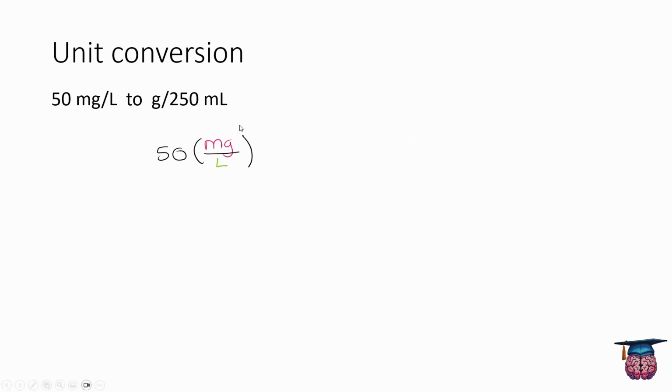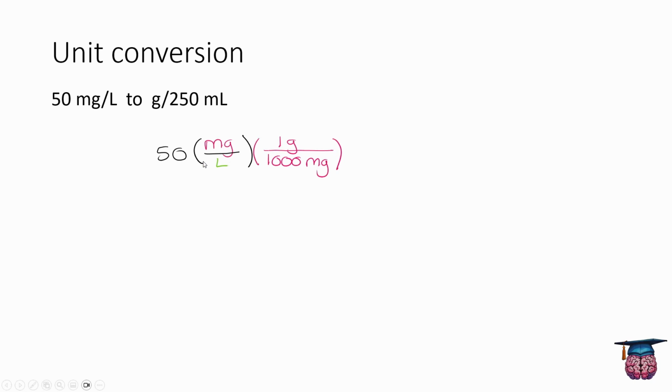So if we have a look at this, we can say that this 50 milligrams per liter is multiplied by 1, and we do not change the value at all. Now we want something that is a gram above the line, but we also have to get rid of this milligrams. So we write that 1 gram is equal to 1,000 milligrams.